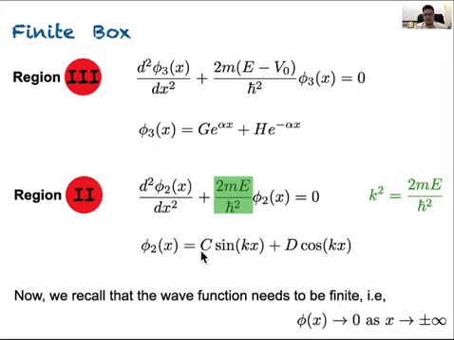To find these coefficients, we first have to impose the condition that the wave function needs to be finite, meaning that when x goes to plus or minus infinity, the wave function is supposed to go to 0. This is your asymptotic limit.